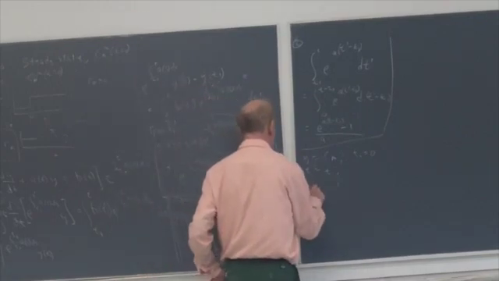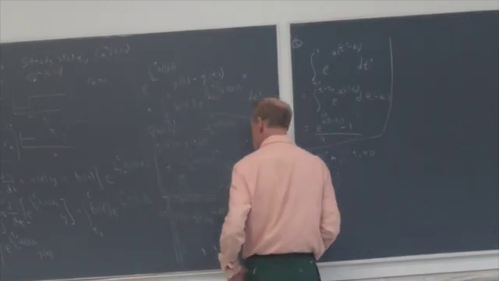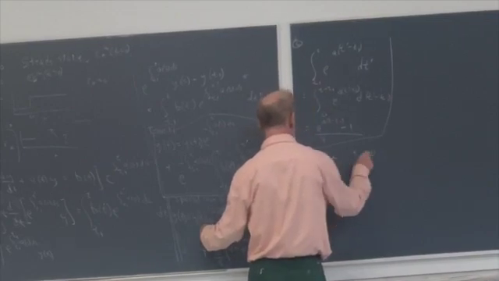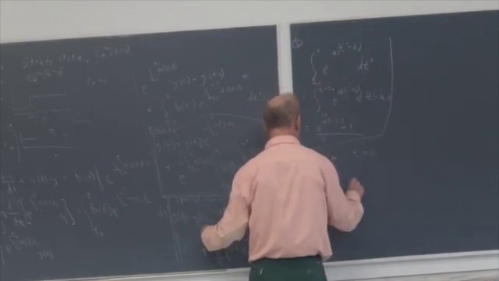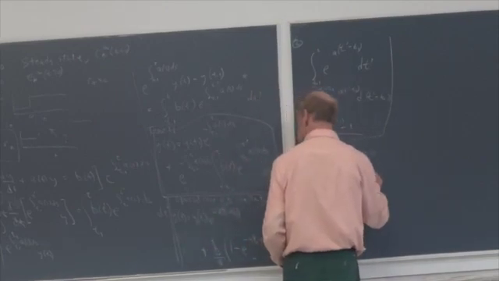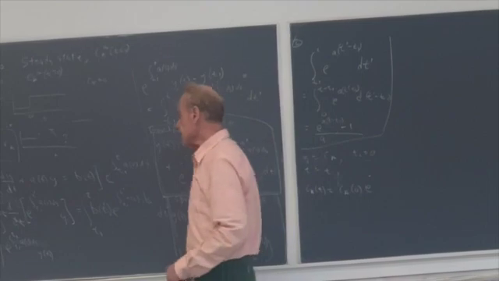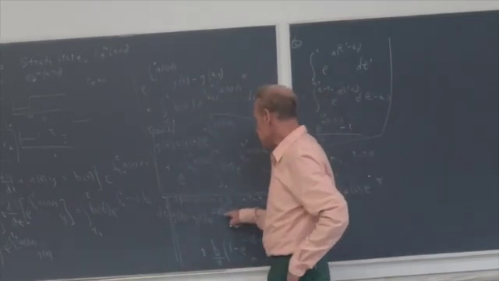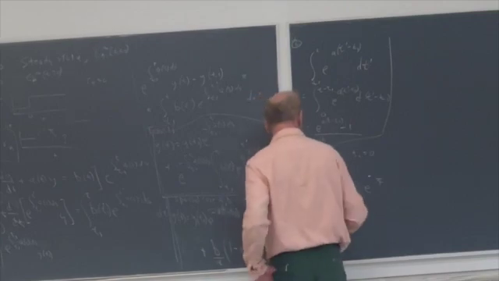So I have CA of t is equal to CA at t1, CA of 0, times e to the minus a, which is 1 over tau, times t minus t1, t1 is 0, so it's t.